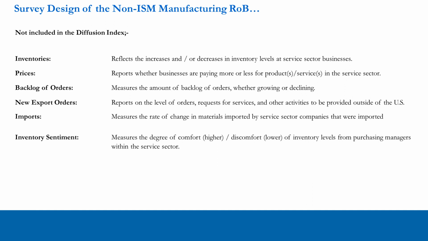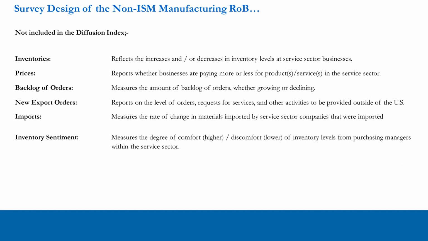So employment and supplier deliveries will respond to that as well. So from a trader's and portfolio manager's perspective, in the diffusion index, business activity and new orders are by far the most important. And in addition, responses from survey participants not included in the diffusion index, backlog of orders as a confirmation indicator.